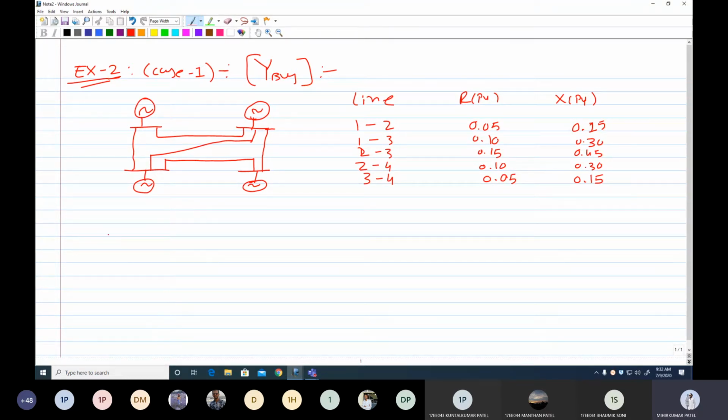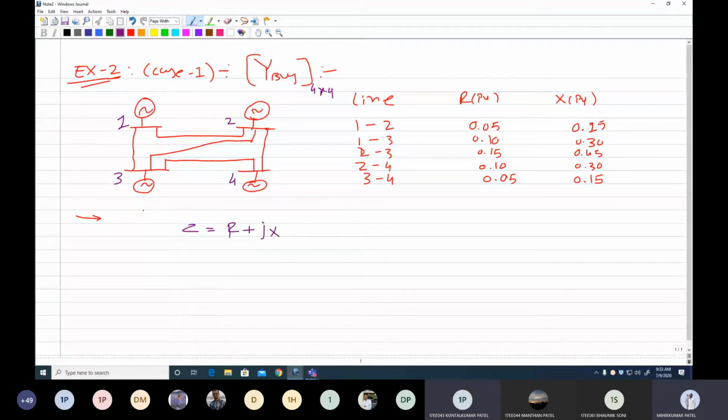Your first task is, what will be the size of the matrix for this network? 4 cross 4. Write down the bus numbers 1, 2, 3 and 4. Now just look at the data. It is given the impedance of the line, Z is equal to R plus JX.